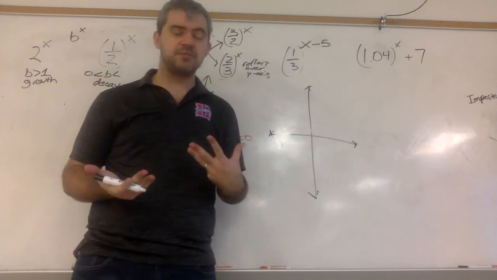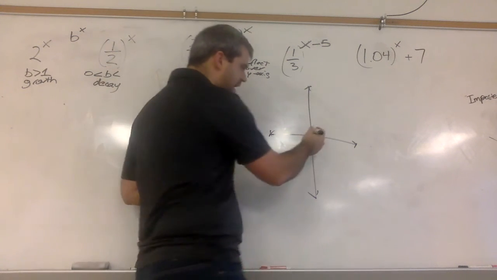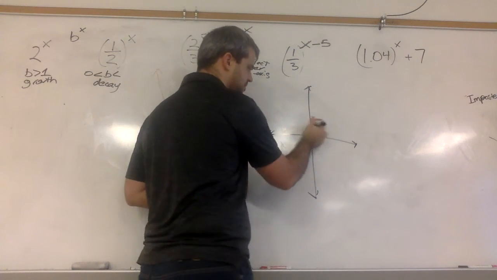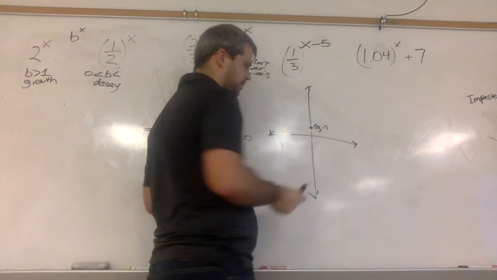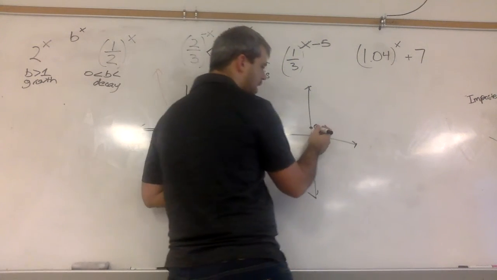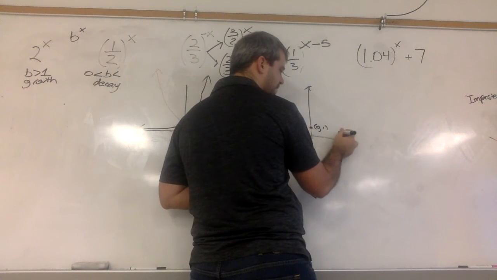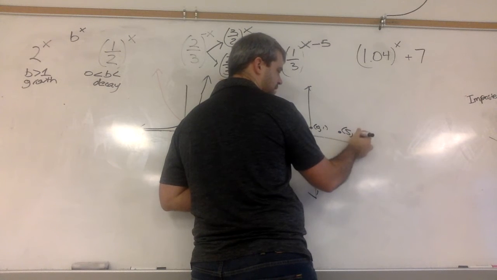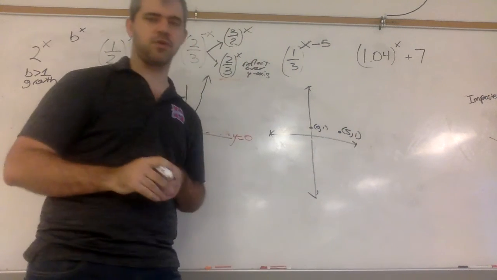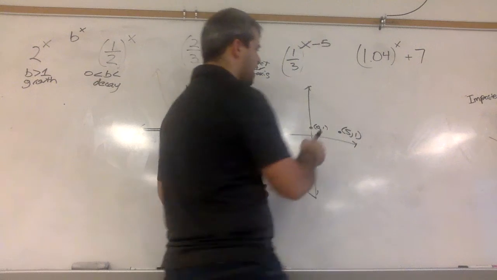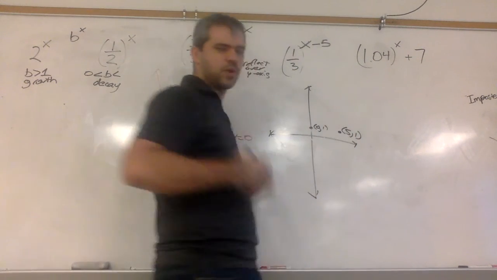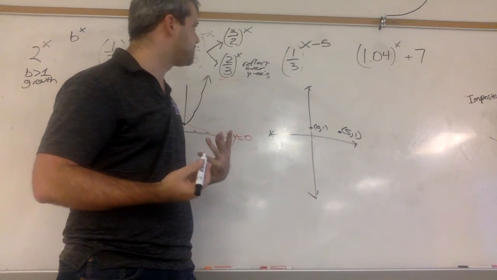The easiest way to do that, in my opinion, is we have this point that we've had, this (0, 1). I'm going to move this over 5, and now I'm going to have (5, 1). I'm going to make this the reference point for everything now.